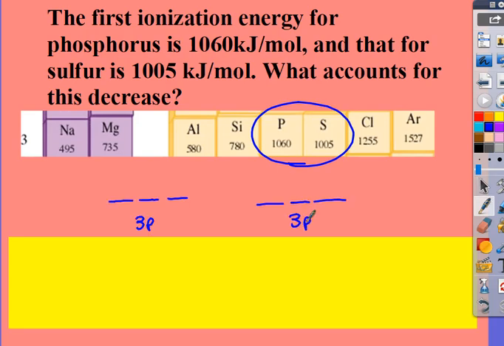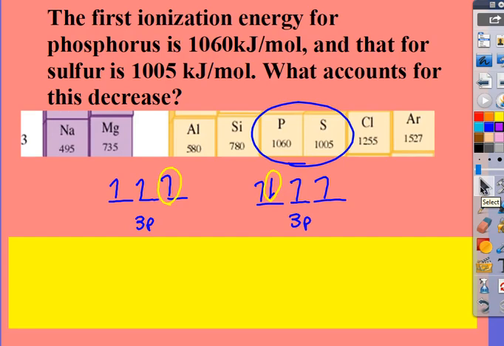So phosphorus and sulfur both have their electrons in the 3p. Phosphorus has 3 electrons in the 3p, while sulfur has 4 electrons in the 3p. So we're saying this electron requires less energy to remove than this electron.